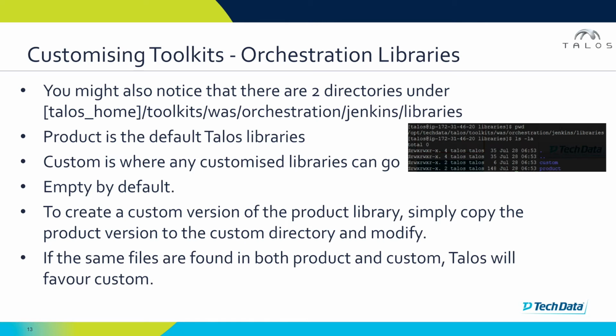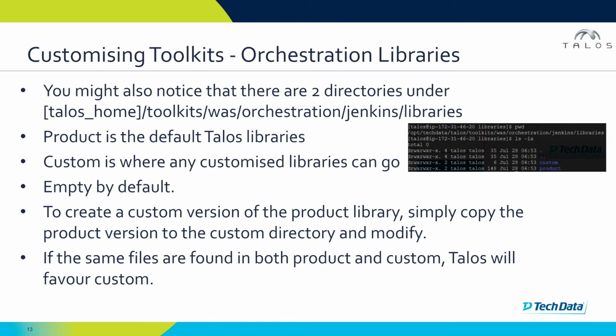So you might notice that there are two directories under orchestration Jenkins libraries. There is product, which contains the libraries that are put there by Talos. They're managed by Talos. They're created as what we see as the perfect way to do it.